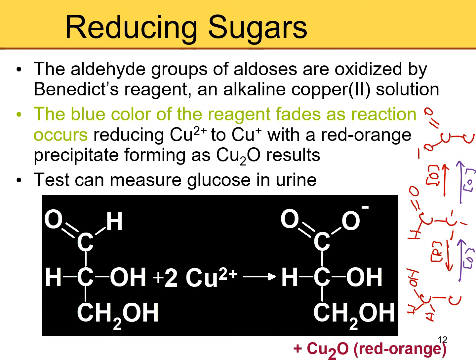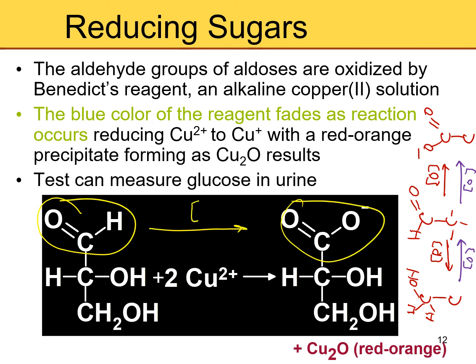So we know that. So if you have this oxidation, so let's see, if you have the aldehyde groups here, and this is getting oxidized to carboxylic acid group, then they will reduce something, right? That's where the redox goes. If something is getting oxidized, then something else gets reduced.